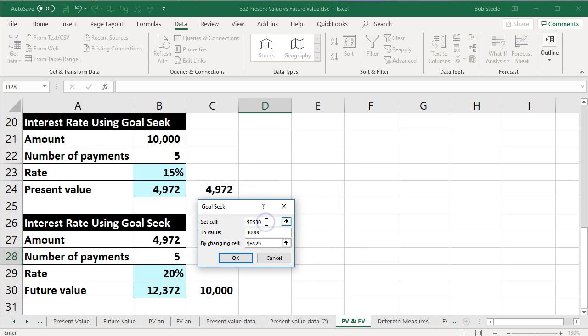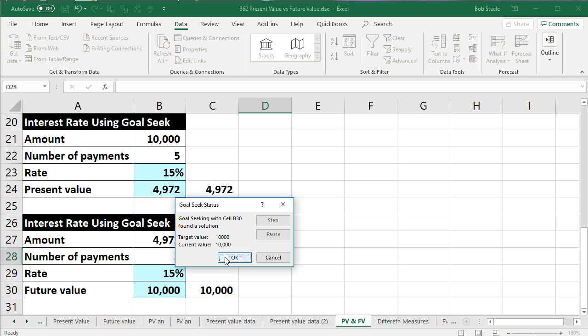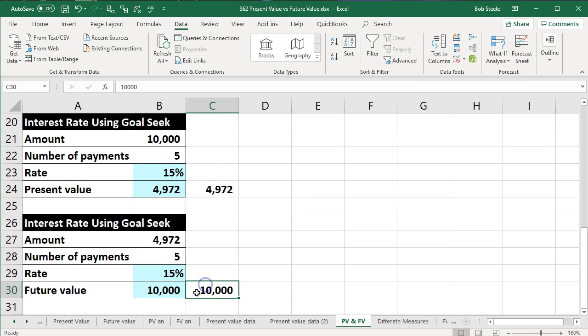We're saying, Excel, we'd like you to change this cell in B30 to 10,000, the value, by doing whatever you need to do to this cell, which we know is wrong. We just want you to keep testing numbers till you find something that makes this thing be 10,000. So we'll say, okay, and it just tries everything, says 15%, that's the one.